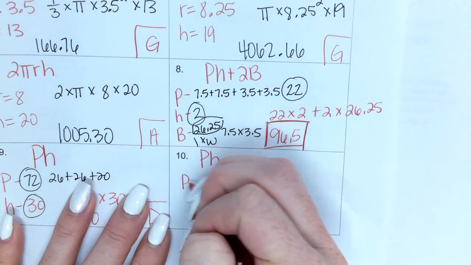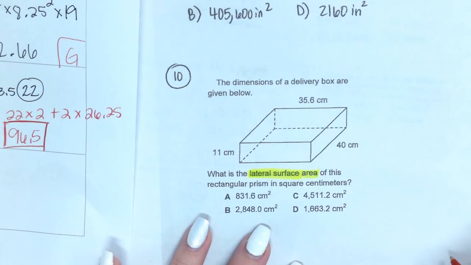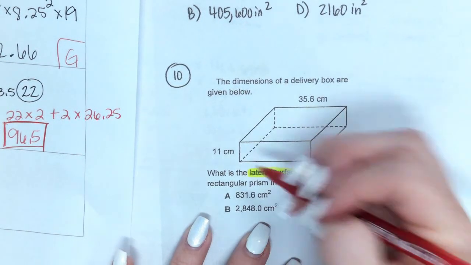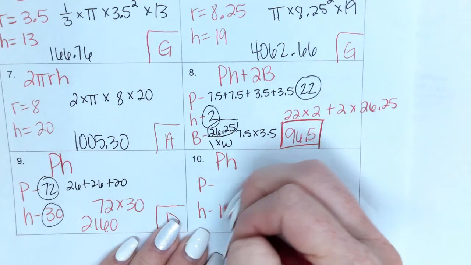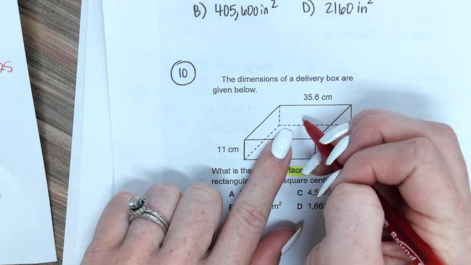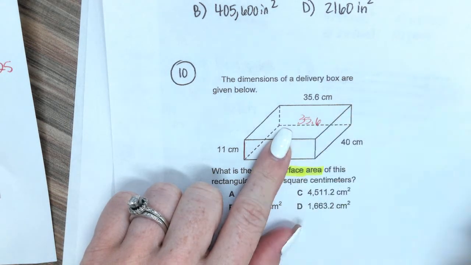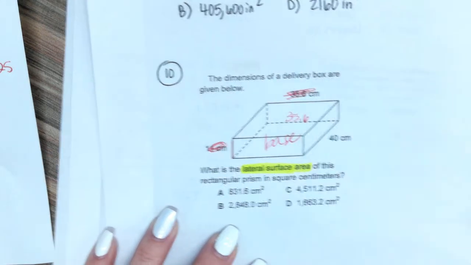So I need a P and an H. What did I always tell you to find first? How tall is this prism standing? 11. So this 35.6 is the same thing right here, yes? So here's my base right here, and I mark that out.